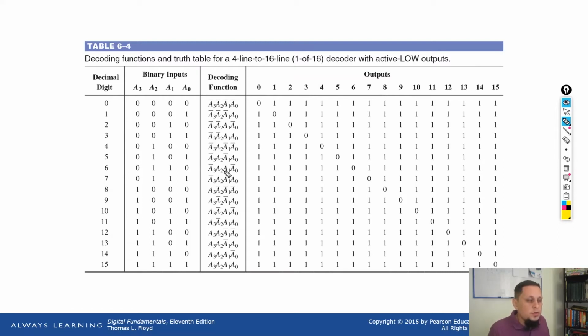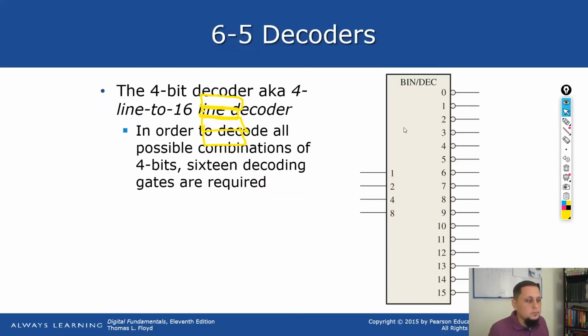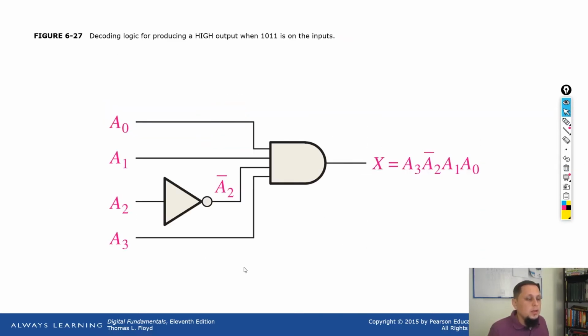All we have to do is create a circuit for each of these inputs. For example, this is the expression that indicates the output when the input is equal to 0. By using these expressions for each output, we can create this kind of circuit for each output.